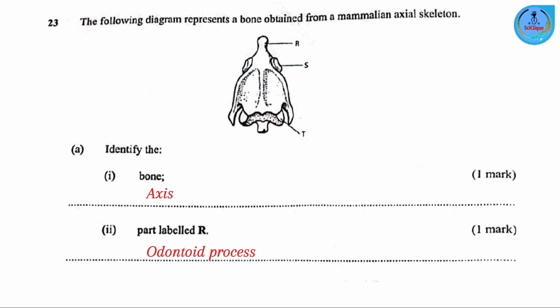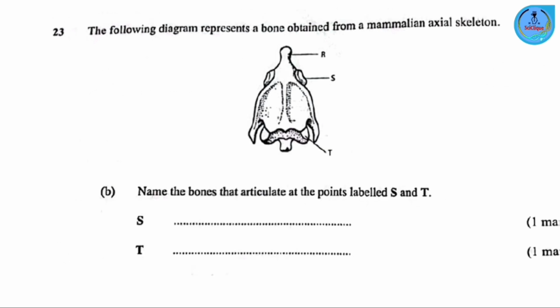Now, part B. Name the bones that articulate at the points labeled S and T. Now, when we talk about articulation, we simply mean the point of connection between two bones, okay? So, which bone articulates with the axis at the point labeled S? That is the atlas. At T, that is the third cervical vertebra.